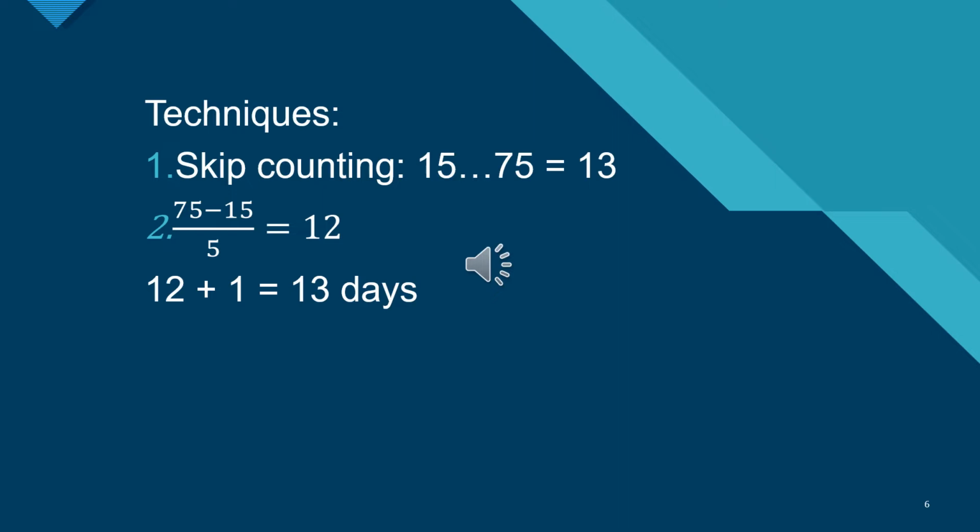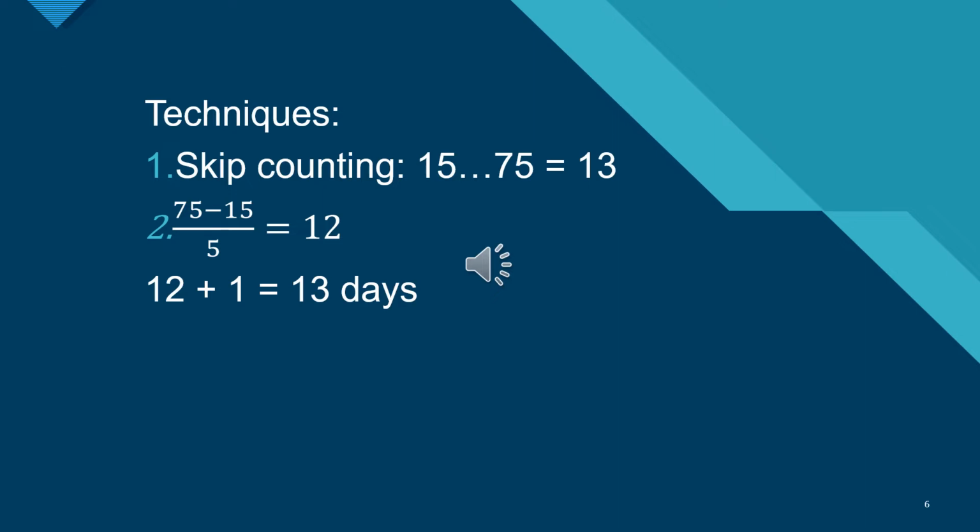The second method is to use the formula. In this case, I'm just showing you the last part of that formula, which is doing first the subtraction. Subtract the goal of Dan, which is 75, minus when he started.